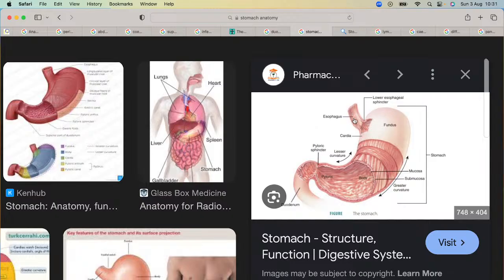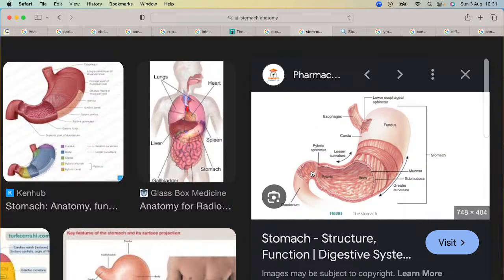Now we have the esophagus here and the cardia, which is basically the opening into the stomach, and then this opens into the fundus of the stomach. So this region is called the fundus of the stomach, which is followed by the body of the stomach. So this entire section is the body, okay, and the last part is what we call the pyloric part or the pylorus.